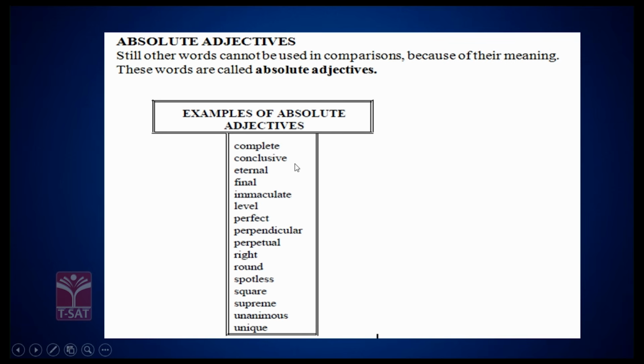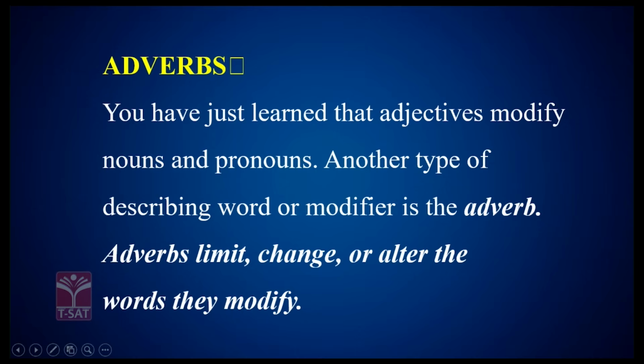Complete, conclusive, eternal, final, immaculate, level, perfect, perpendicular, perpetual, right, round, spotless, square, supreme, unanimous, unique. So, these are the words which cannot be used to compare something else, considered to be absolute adjectives.